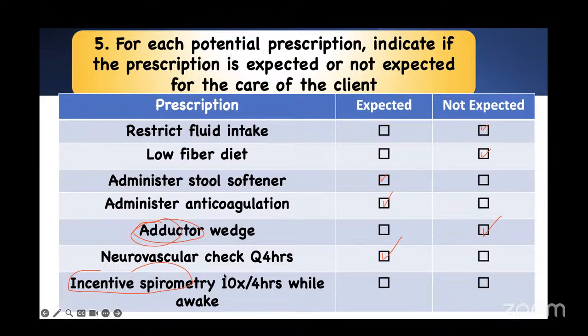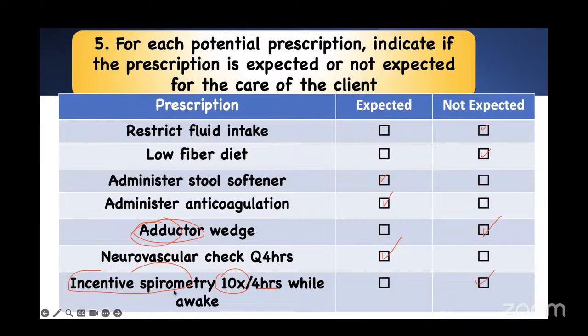You don't do incentive spirometer 10 times every 4 hours, right? You do it 10 times every hour. So within an hour, you got to do it 10 times. 10 times every 4 hours, that's too much. That's less than what you need, right? And that will cause problem. So this one, not expected.